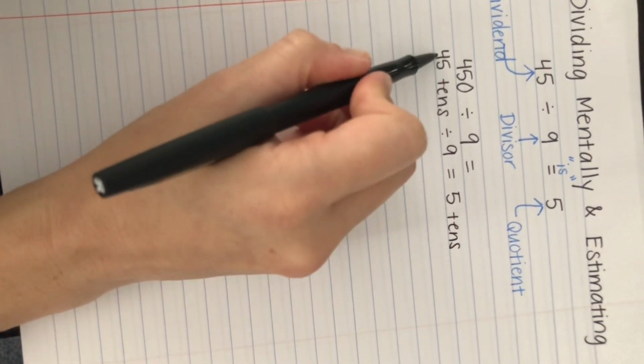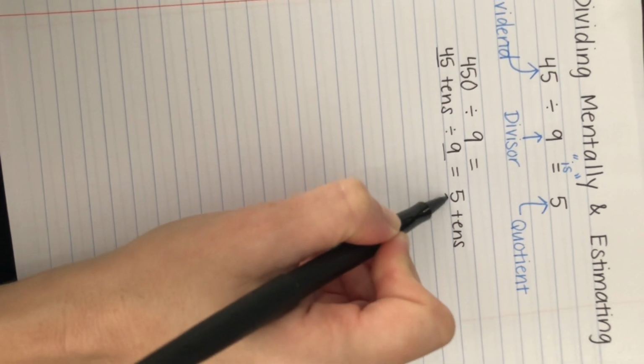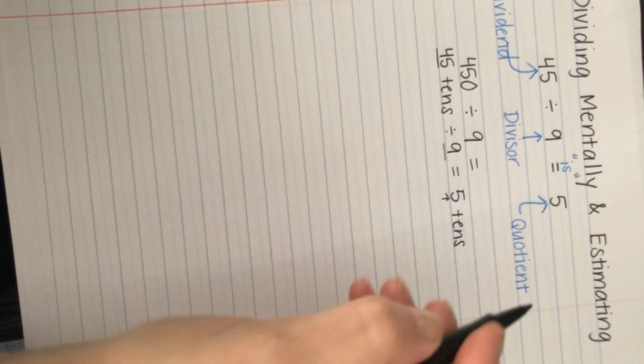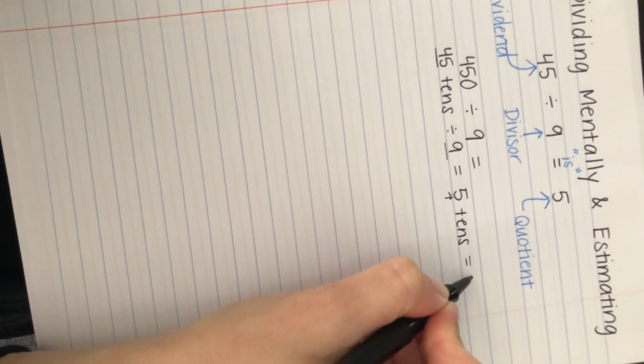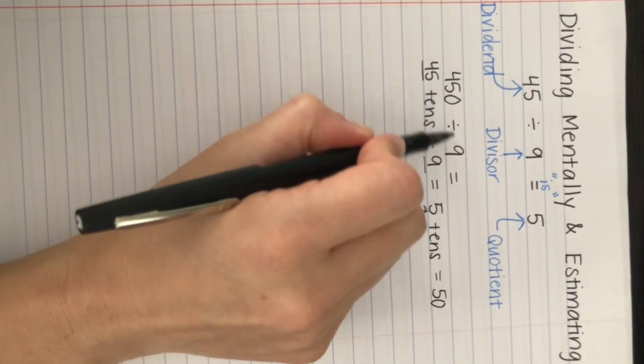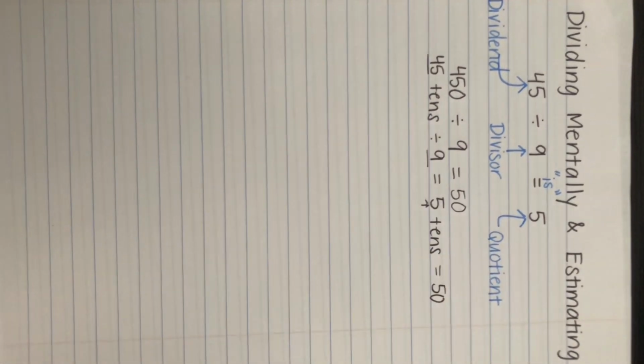Since you're just pulling out the basic fact of 45 divided by 9, we know that that's going to be our 5, and then our tens just carries over. And then 5 tens is ultimately going to be equal to 50. So if we're looking at 450 divided by 9 as a whole, we know that that should be the number 50.